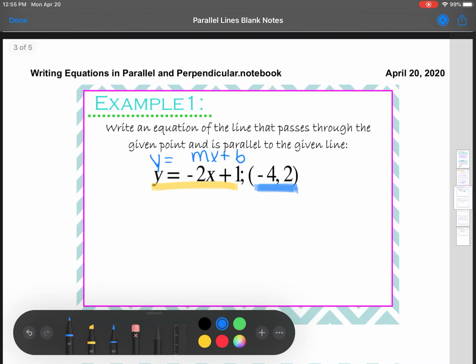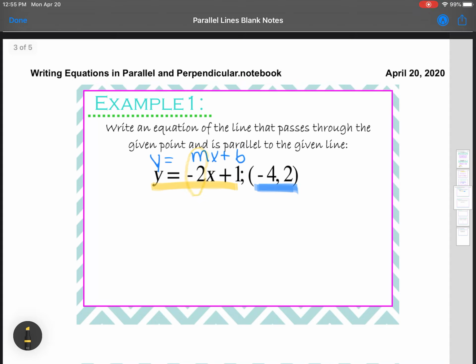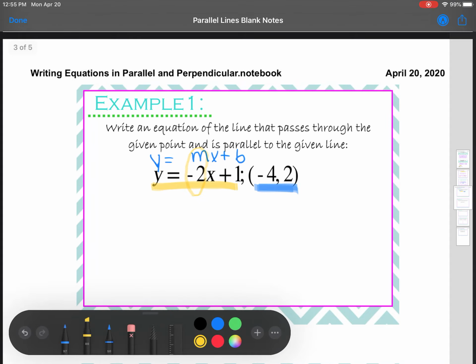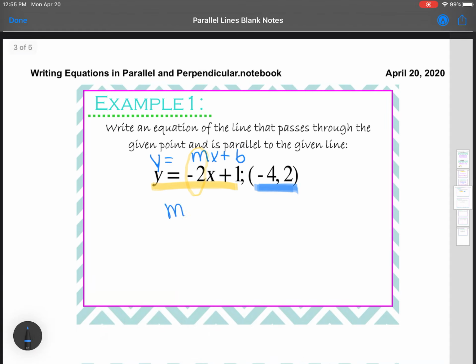Okay, my m in this equation, connecting m to the number underneath, is going to be -2. So, in my new line, m is going to equal -2. Now, I have this point. I'm going to start by putting it in point-slope form. Then I'm going to convert it into slope-intercept form like we've been practicing.